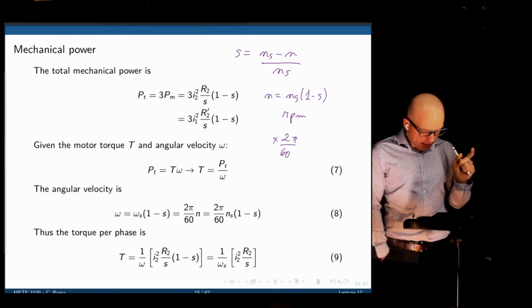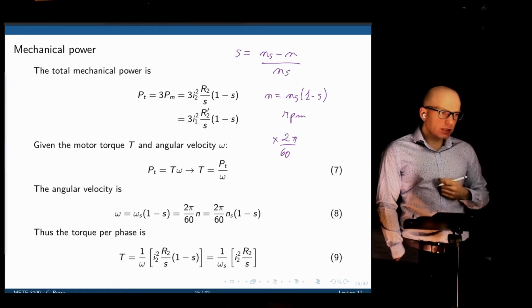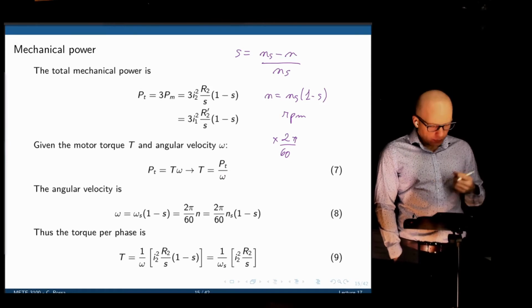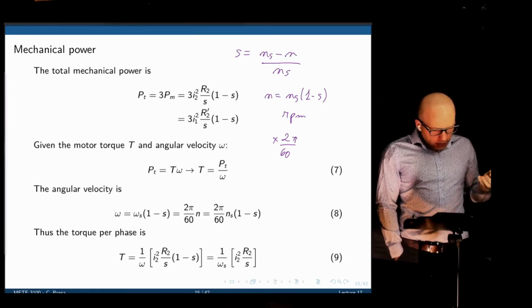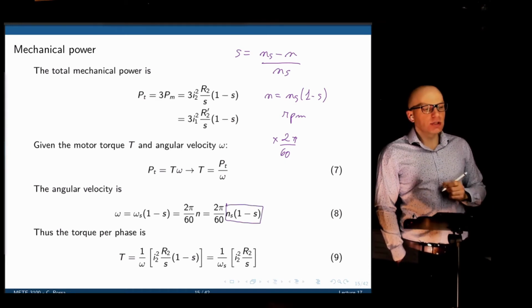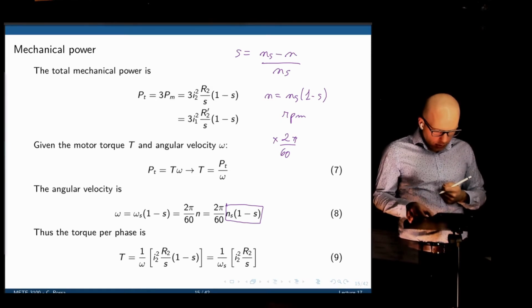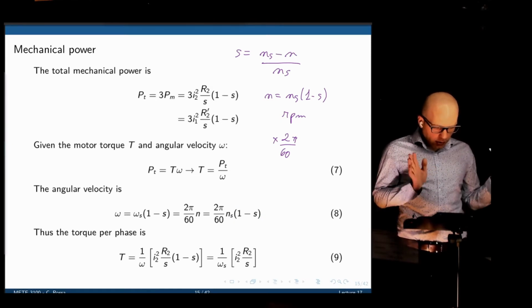Okay, so this has an advantage, because now instead of expressing our system as a function of its actual speed, we can express that as a function of the synchronous speed. We just need to multiply it by 1 minus s. So you have two ways to do this calculation.